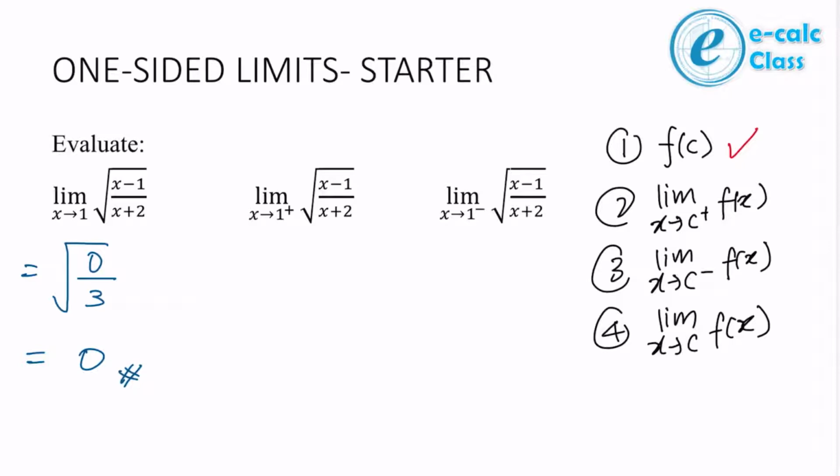For example, a very typical example is where you have a hole somewhere in the middle. The limit exists because the limits from the left and from the right are the same, but f of c is undefined. And now it is the opposite: f of c exists, but the limit does not exist. This is why we need one-sided limits.